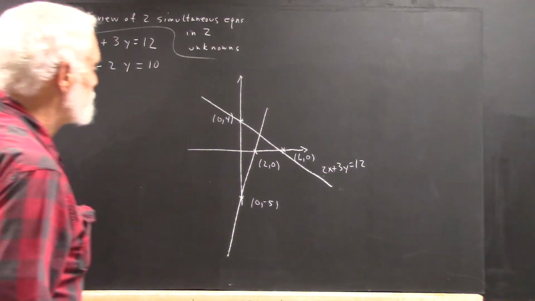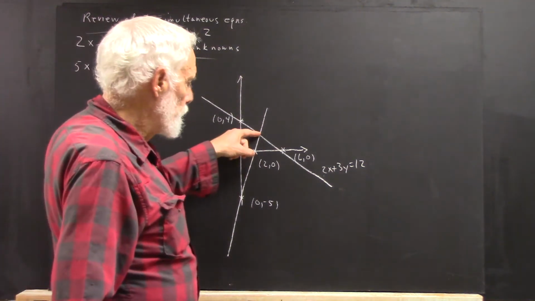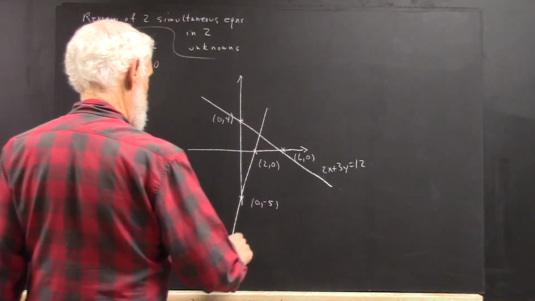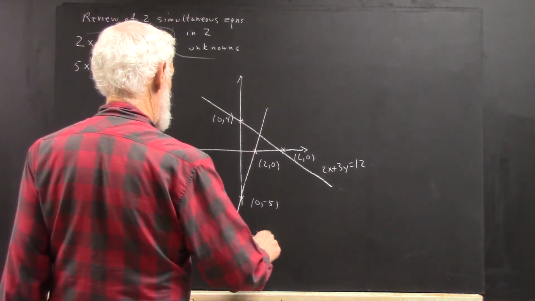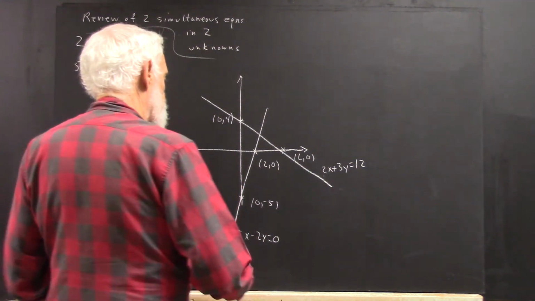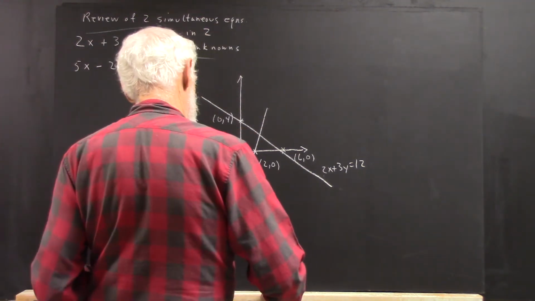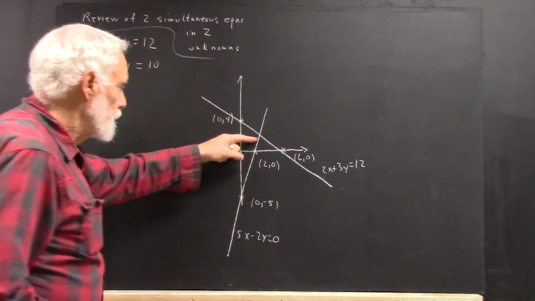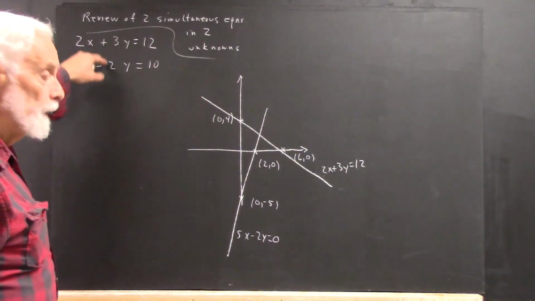We can see that there's only one point that lies on both lines. Let's label this. Okay, whatever the coordinates of this point are, that's the values of x and y that make both of these equations true.